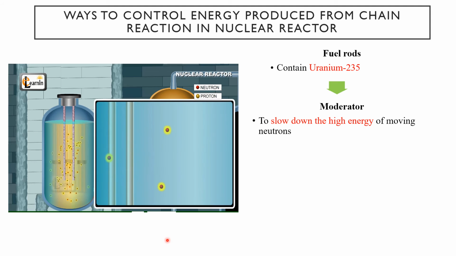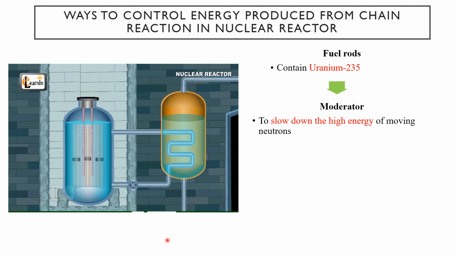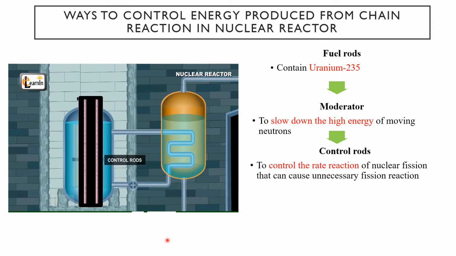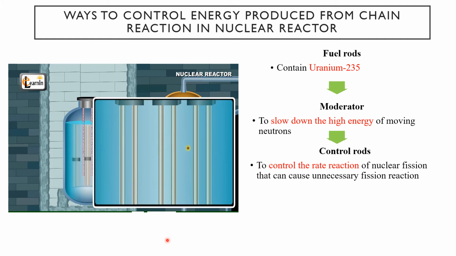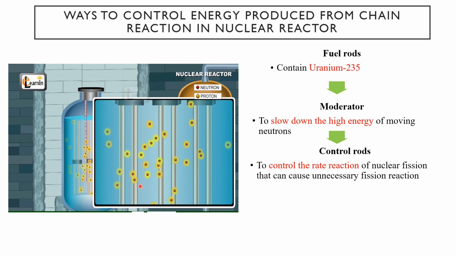We need a steady flow of energy from the reactor, so the control rods are used to control the speed of the reaction inside the reactor and prevent any further unnecessary fission reaction, because we know that every single fission reaction leaves excess neutrons which are then utilized for more subsequent fission reactions, as you can see in this figure.